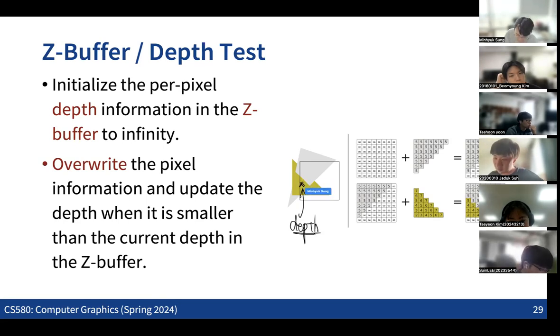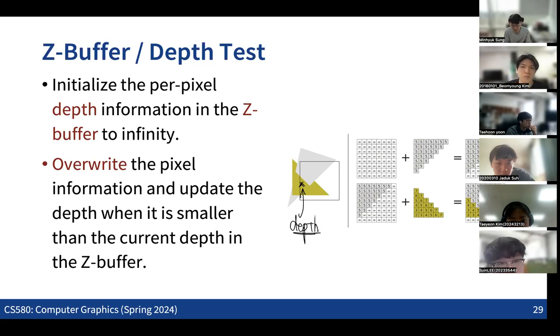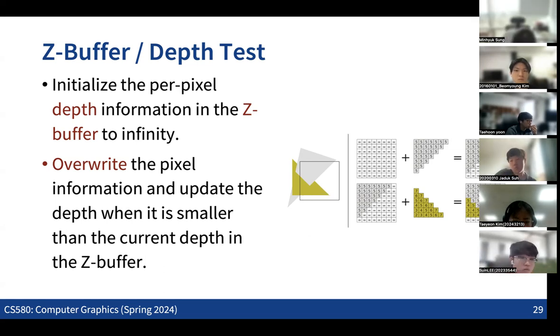In terms of that, when you draw multiple triangles in the image, we can see whether we need to overwrite the information in the image, or just keep the information for now and ignore the new triangle's information. Let's think about this simple case. For example, when you have one triangle, say this green triangle, we have the projection of these three vertices.